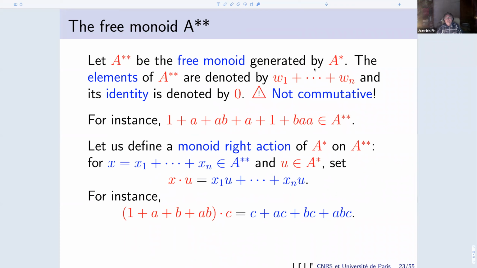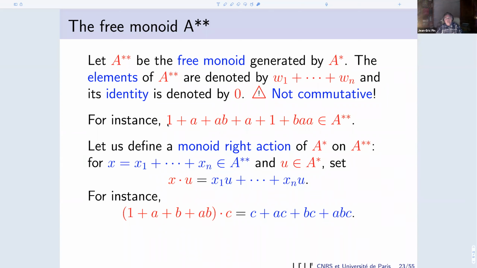And in order not to confuse things, but maybe to confuse you, an element of A star star is denoted by using an addition. So a typical element will be W1 plus WN, where W1, WN are words. The identity is denoted by 0 because I'm using this additive notation, but be careful, it's not commutative.